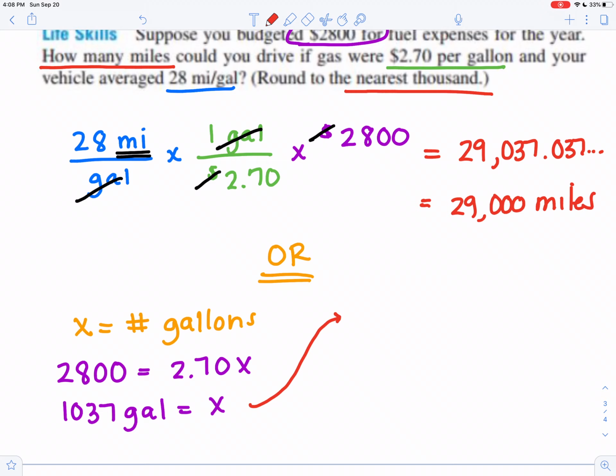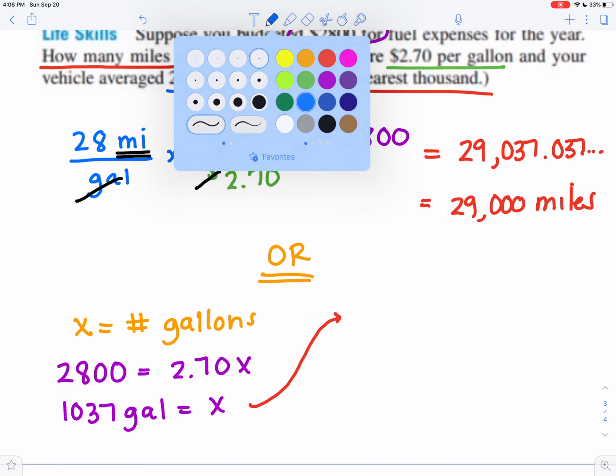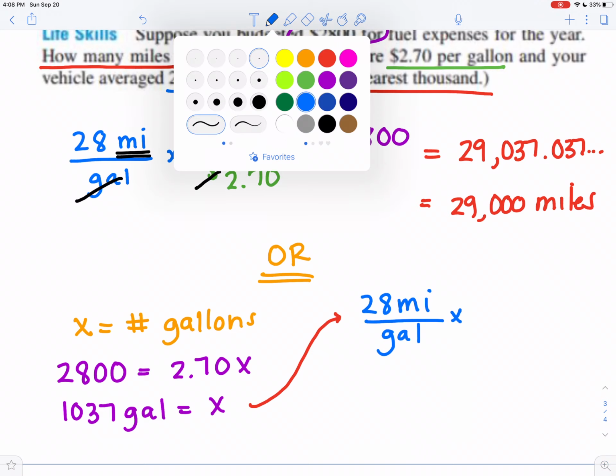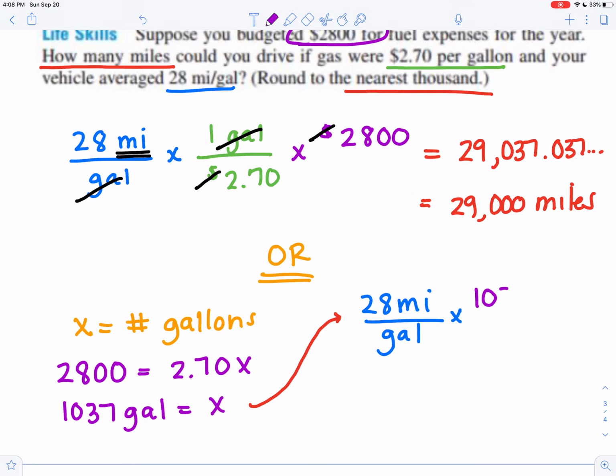So what I'm going to do here is take the fact that my car gets 28 miles per gallon, and multiply that by the 1,037 gallons that I can purchase with my $2,800. All right, I take my 28 miles per gallon times my 1,037.